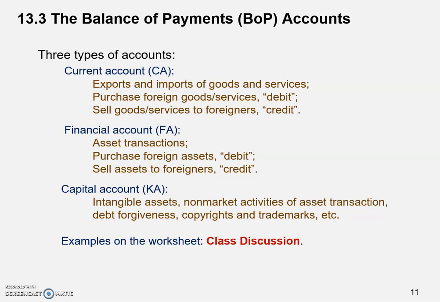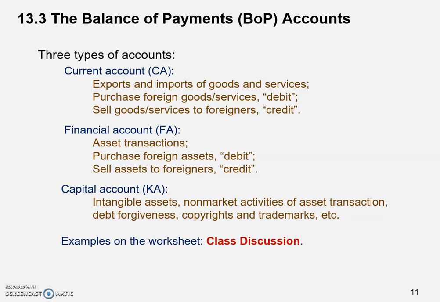All of these would be recorded under capital account. Now on the worksheet, you will find some real-world examples, and after the practice, you should have a pretty good idea about how these three accounts work, in reality, like how we record all of these transactions.